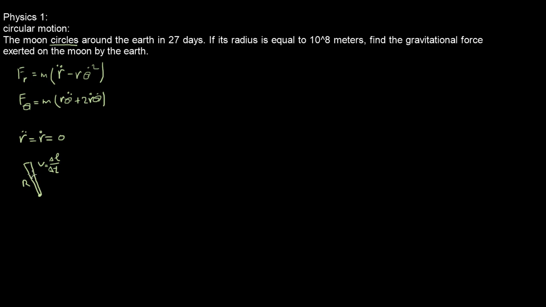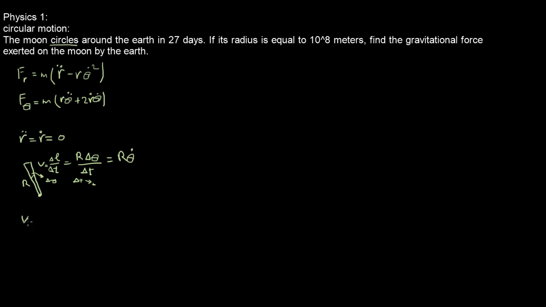So if this here is delta theta, then the distance is r delta theta. So delta L over delta t is actually r delta theta divided by delta t. Now if I take delta t to 0, then this is theta dot. So it's basically r theta dot. So therefore the tangential speed is r theta dot.